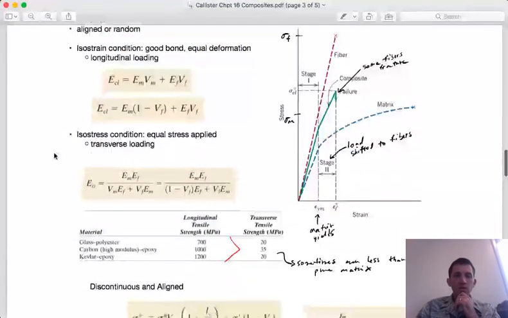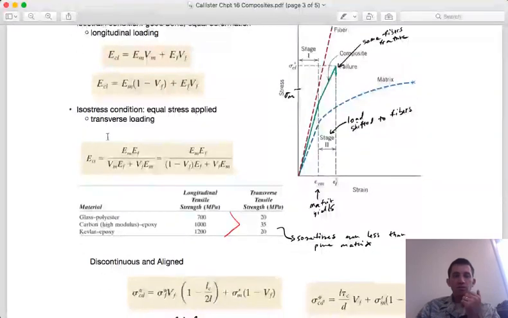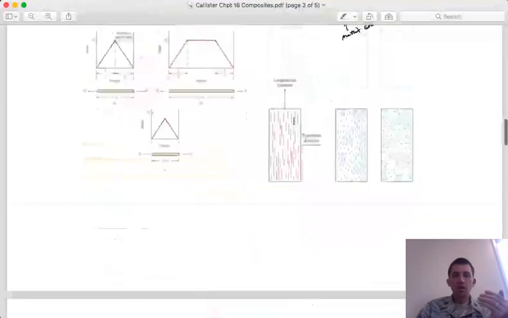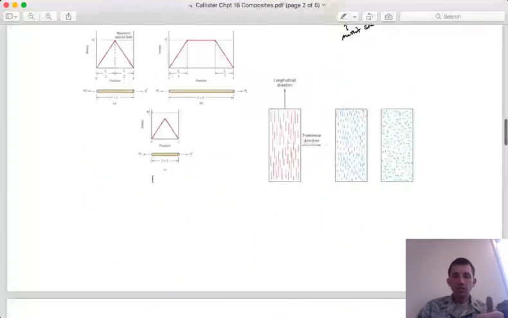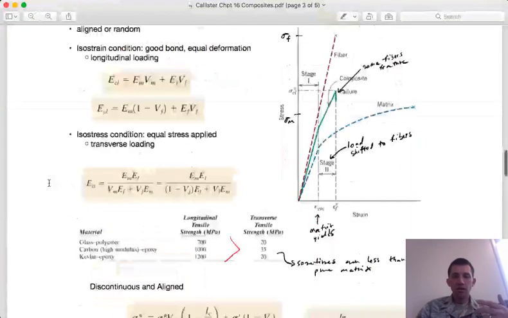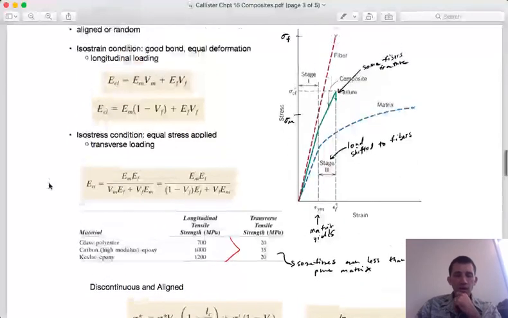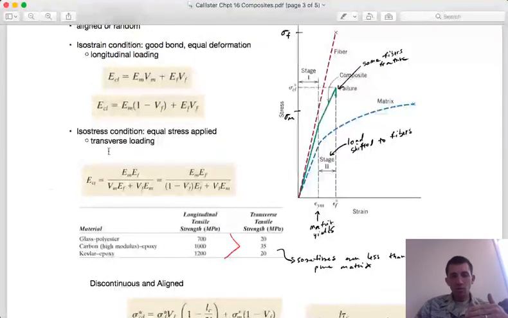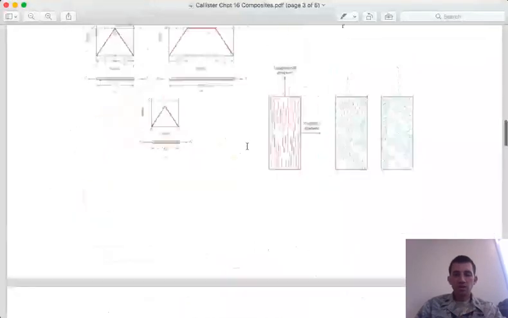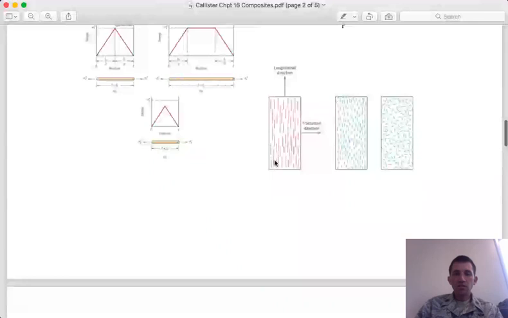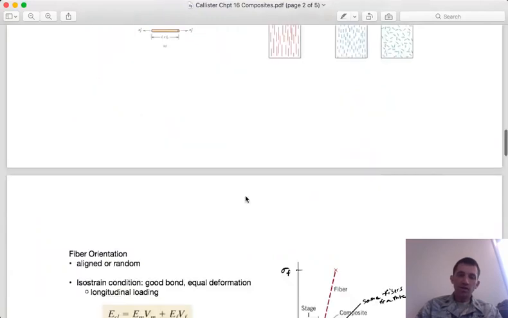In an isostress condition, this would be where you're actually pulling in the other direction. So you're pulling in the transverse direction, which is anti-alignment with the fiber direction. And this is kind of the lower bound or the worst case scenario because every component is under the same stress. So if I have matrix next to fiber, next to matrix, next to fiber, and I pull on the matrix, then all of that strain is going through the matrix to get to the fiber, and then going through that fiber to get to the neighboring matrix, and so on and so forth.